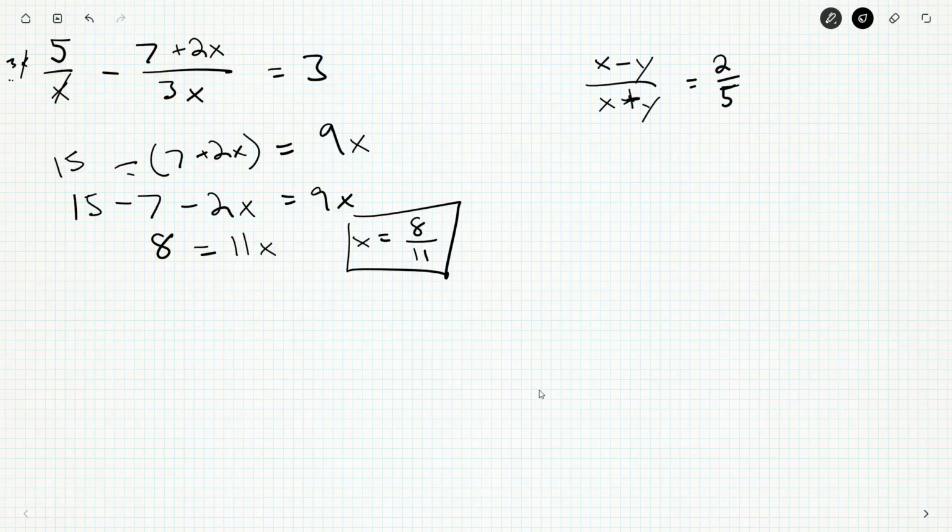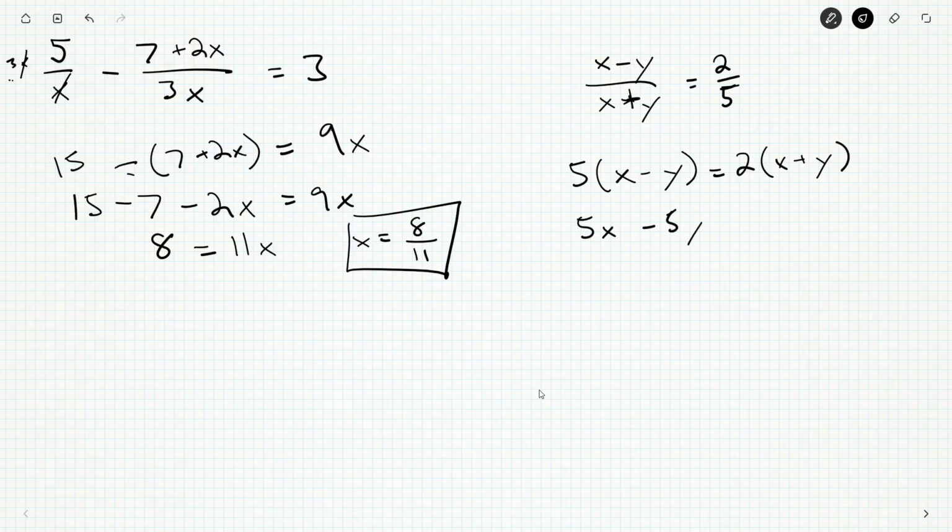So I'm going to multiply both sides by 5 times x plus y. So we'll have 5 times x minus y on one side, 2 times x plus y on the other side. Let's expand this out. 5x minus 5y equals 2x plus 2y.